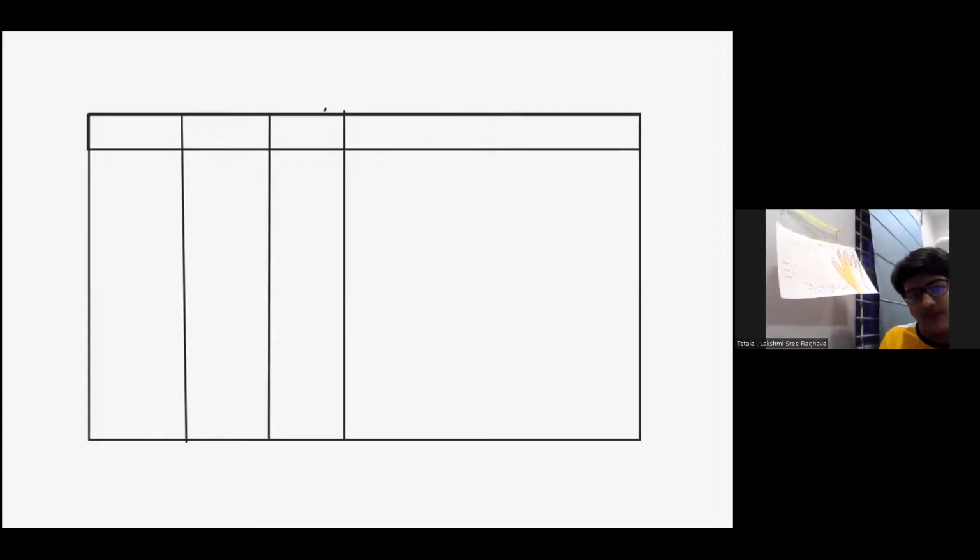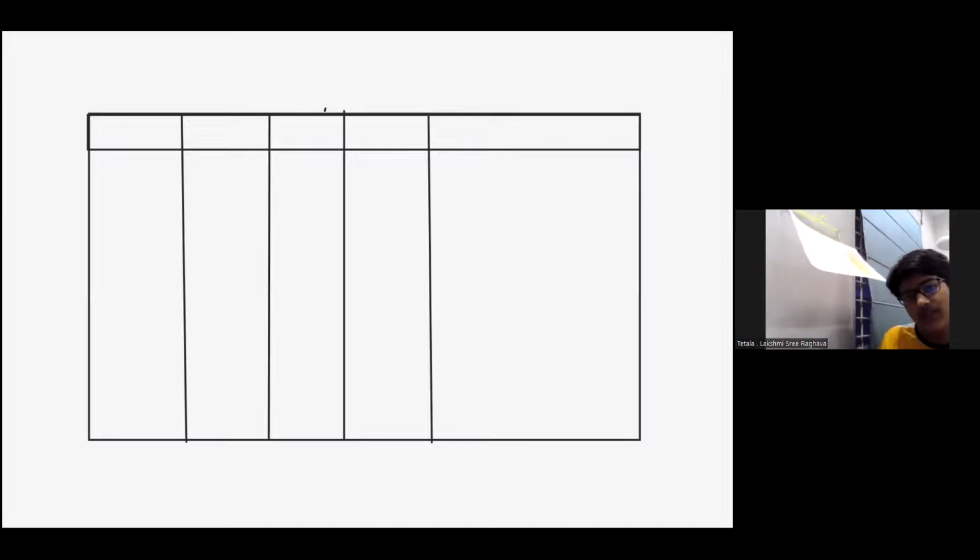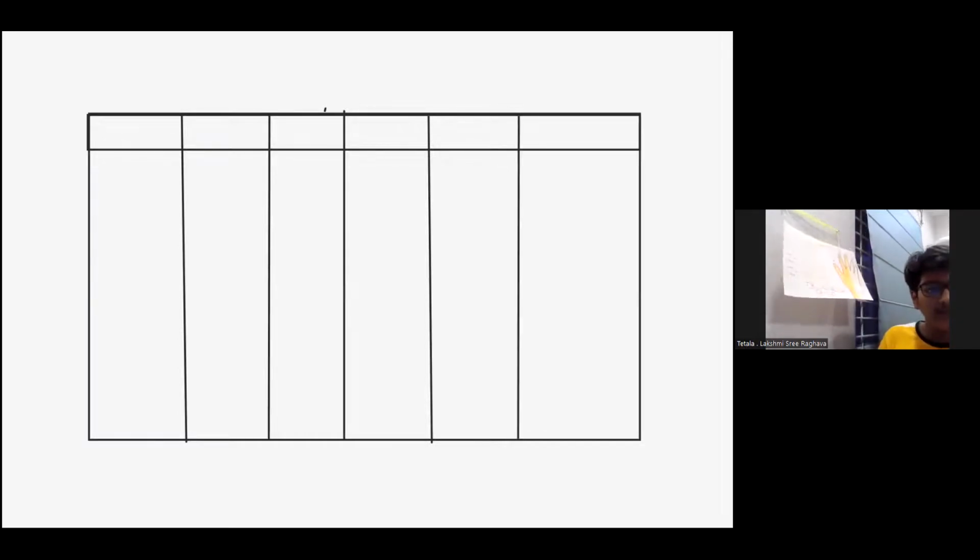Then we had to find for 45 degrees. Let us move this to some side so that we can have space. Then 60 degrees. And finally, we are left with 90 degrees. You also make the same table how I'm making, okay?